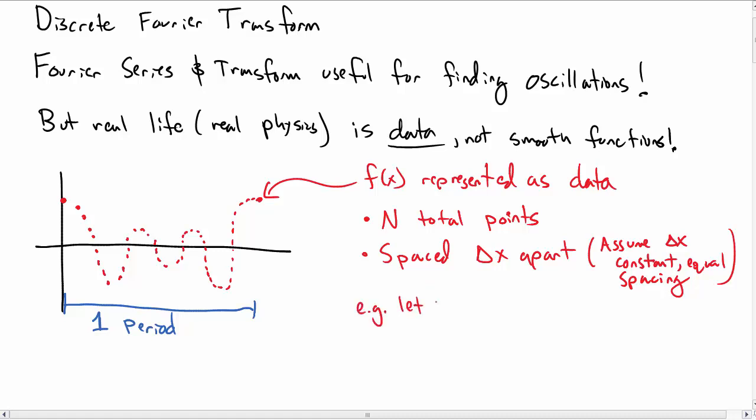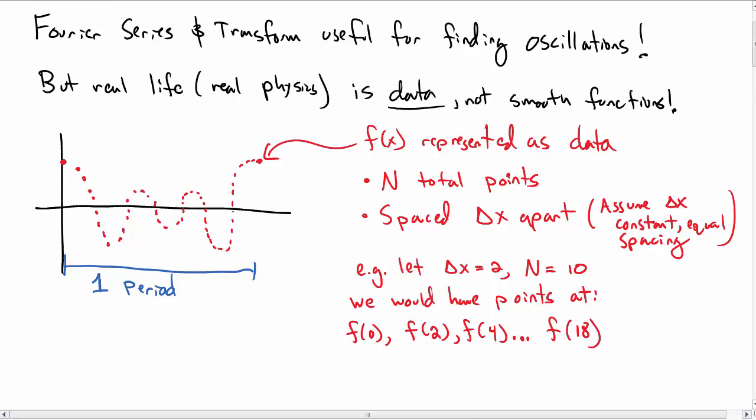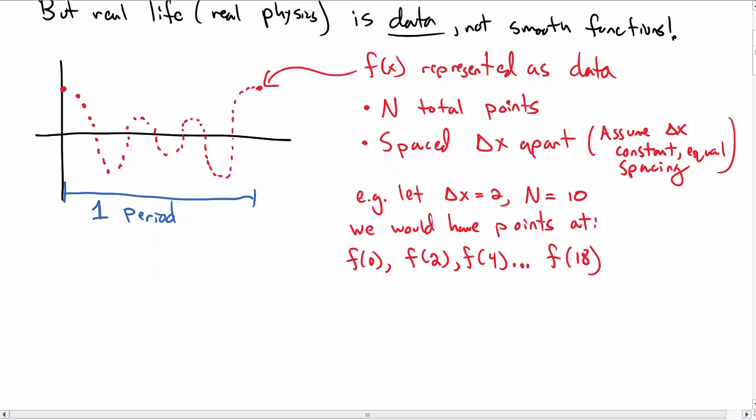So for example, if we let delta x equal 2 and big N be 10, then we would have data points for some function at the values f at 0, f at 2, f at 4, and so forth until we get to f at 18. For our purposes, we're going to be labeling this in a different way.